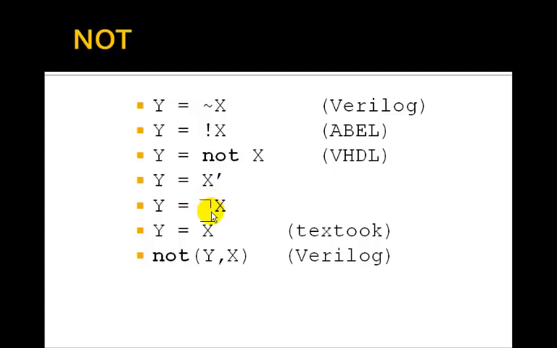Some mathematicians use this funny looking symbol for NOT. In some textbooks you might see a bar over the X to indicate NOT X. This is hard to do on a computer. And finally, Verilog has a NOT function in which the output Y and the input X are the parameters of the NOT function.